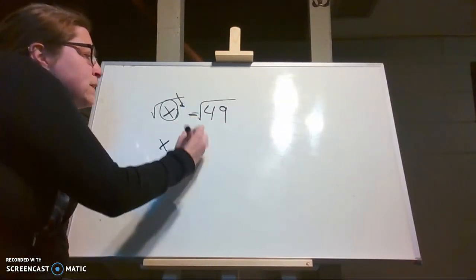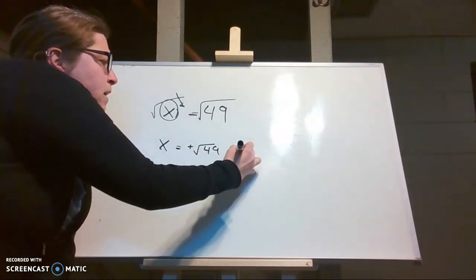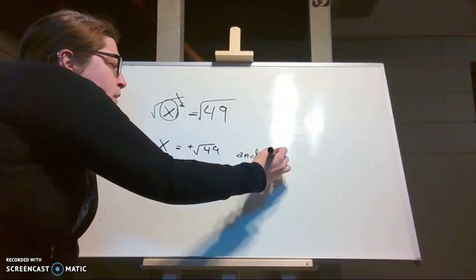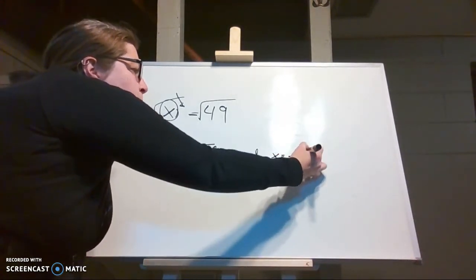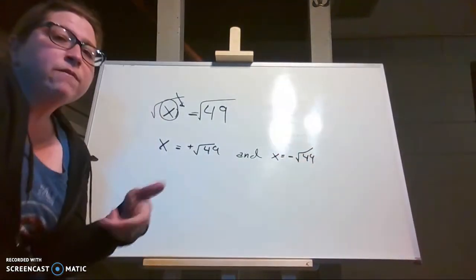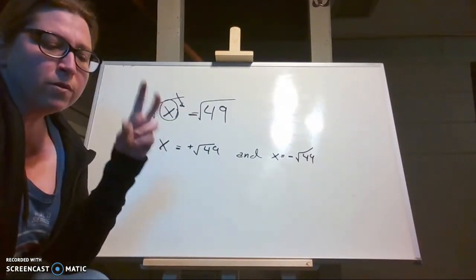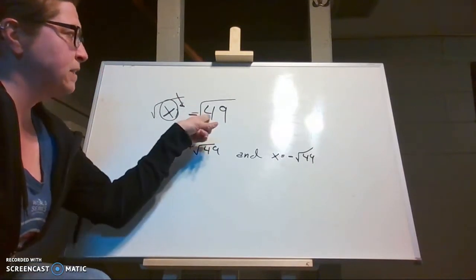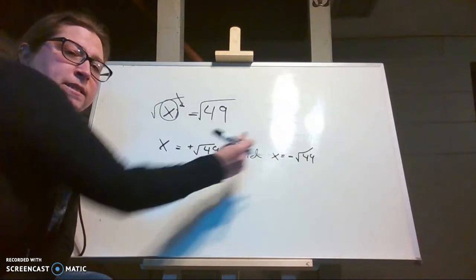One is, well, what's the positive of the square root of 49? And the other is, well, what is the negative of the square root of 49? So kind of like we were talking about in that question I asked you earlier with the riddle, remember, there's 2 ways I can make a positive 49. One is the positive, one's the negative.